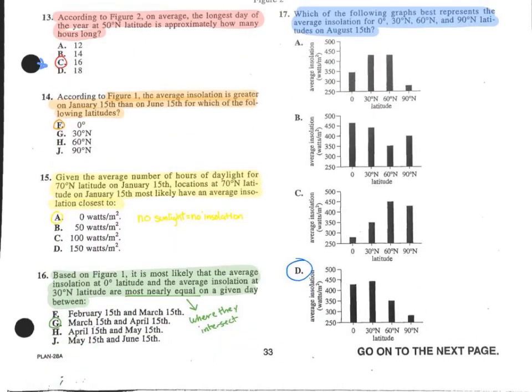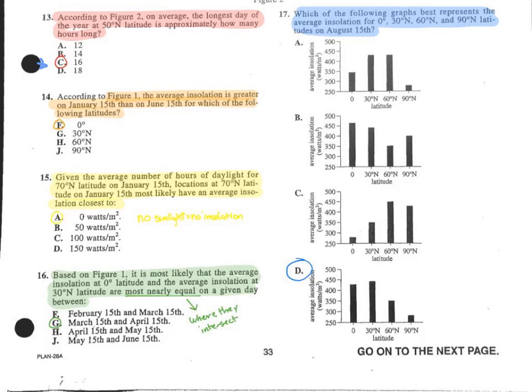For 16 says, based on Figure 1, it is most likely that the average insolation at 0 degrees latitude and the average insolation at 30 degrees latitude are most nearly equal on a given day between what dates? Okay, so you're looking for, on Figure 1, a place where the insolation for 0 and 30 degrees north are equal.